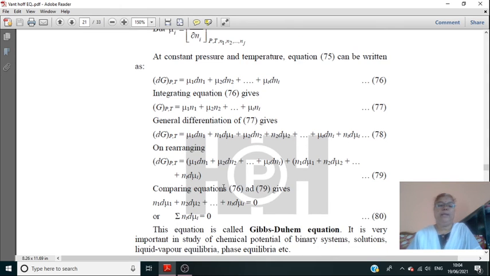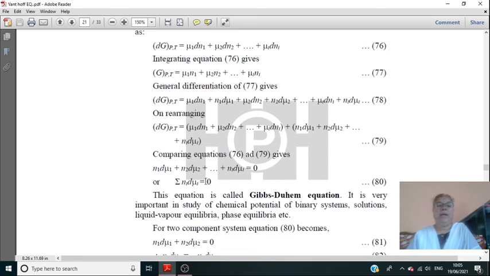On rearranging, dG at constant pressure and temperature equals μ1 dN1 plus μ2 dN2 plus μi dNi plus N1 dμ1 plus N2 dμ2 and so on plus Ni dμi.